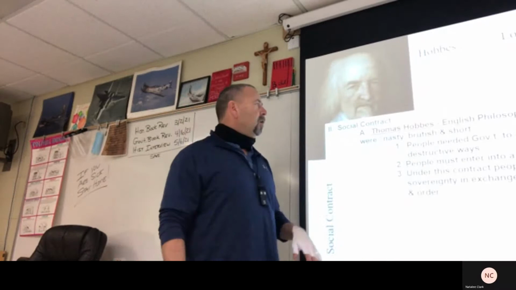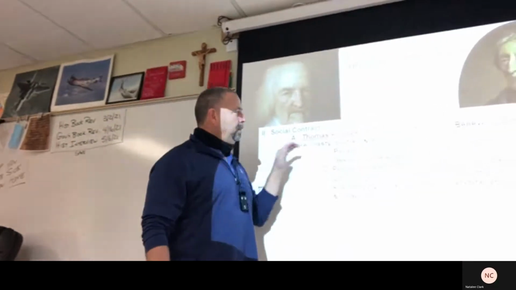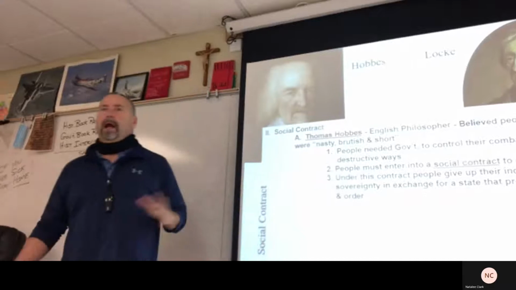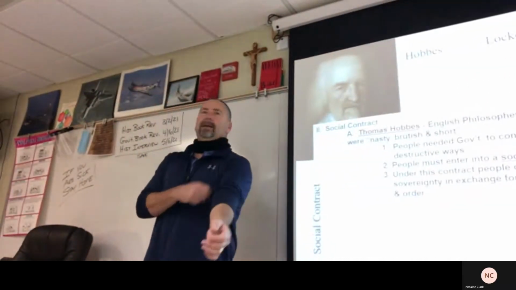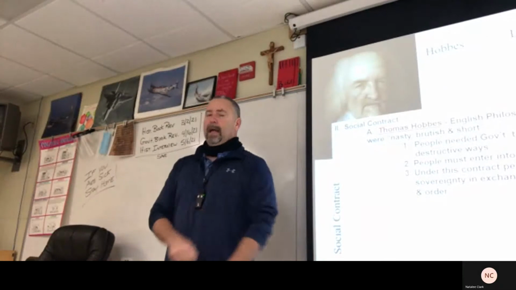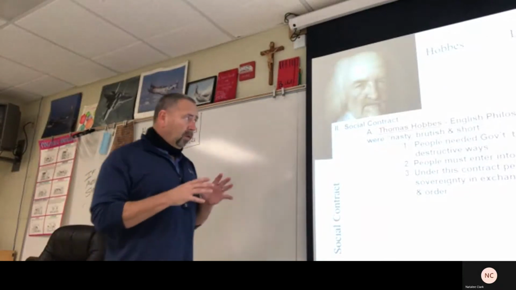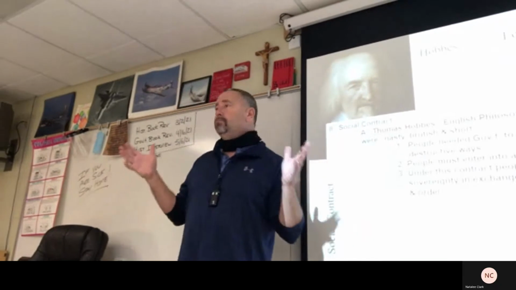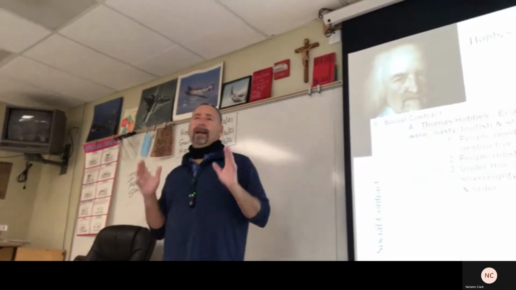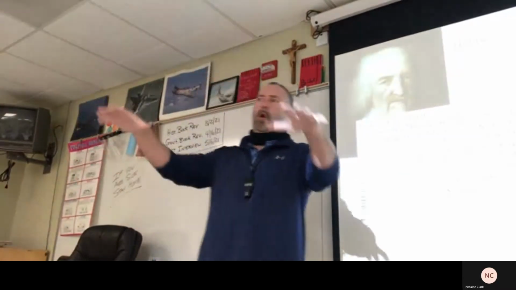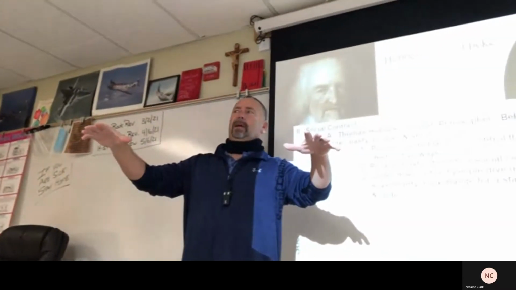So he said that people need government to control their combative, destructive ways. Now, he has a very pessimistic view of mankind. Hobbes does. And so the best way to do this, he felt, was an absolute monarch. Not necessarily claiming divine right, but a king or a queen or a dictator of some sort to control us. Does that make sense?